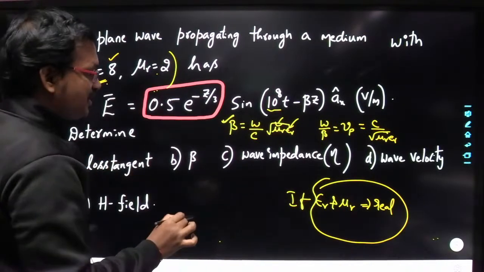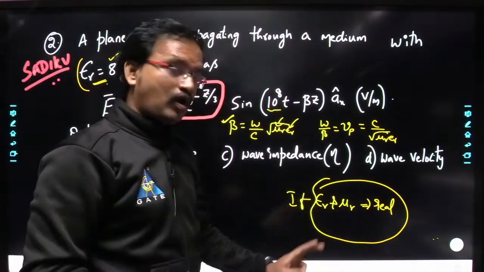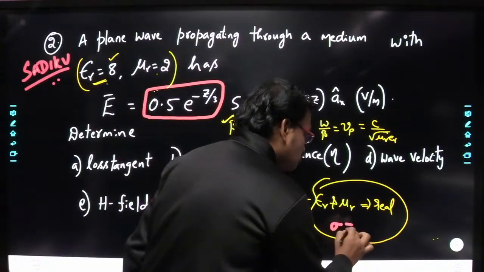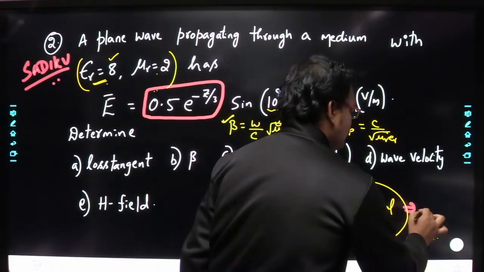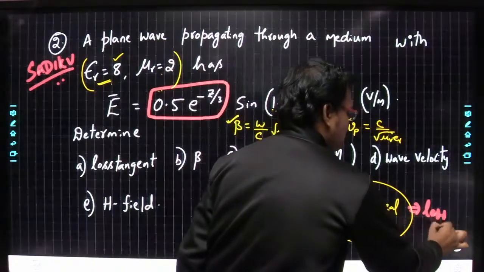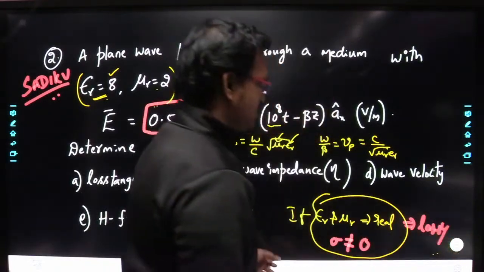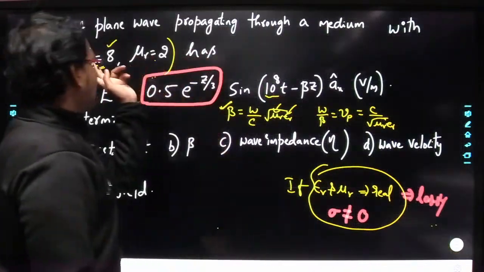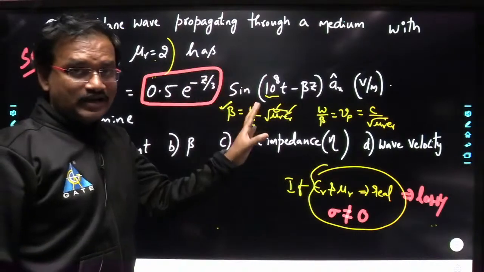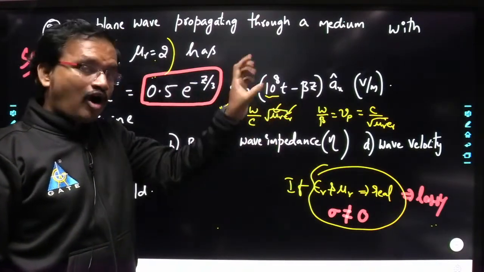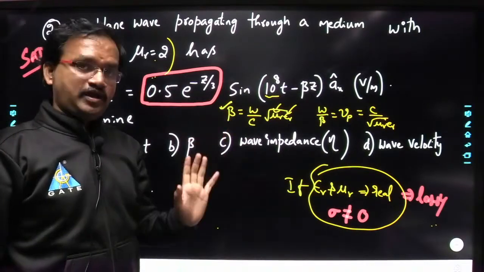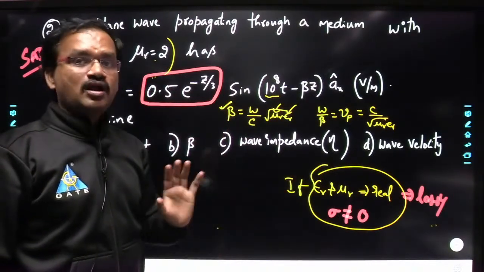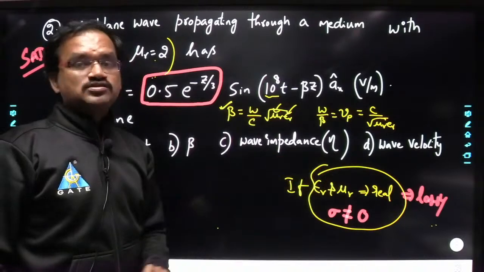So since epsilon r and mu r are real quantities, sigma must not be equal to 0, and then it behaves as a lossy medium. If all the conditions are satisfied, that is, epsilon r and mu r are real quantities and sigma is equal to 0, then only it is going to behave as a lossless medium. If any of these conditions is not satisfied, then it is going to behave as a lossy medium.